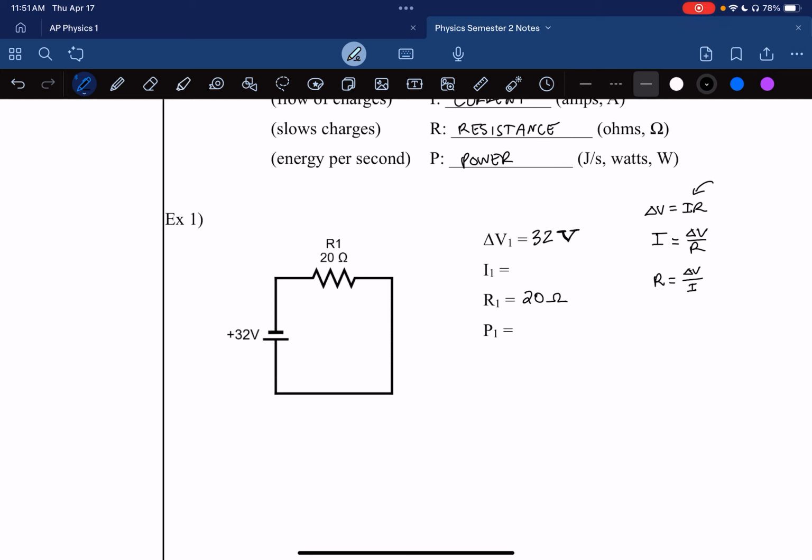And so I is just V over R. So 32 divided by 20, which is 1.6.